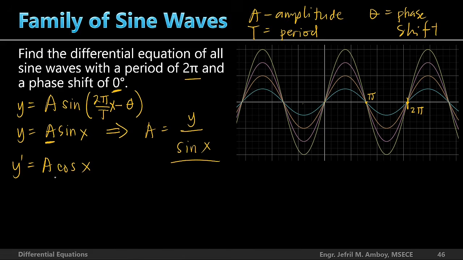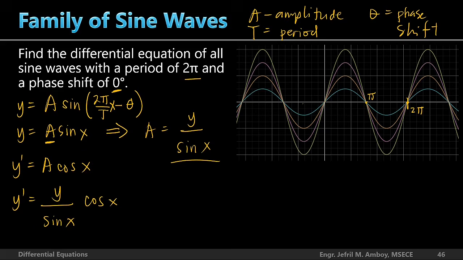O, sige. Now, I can replace this a with this expression. So, now I get y prime equals a, which is now y over sine x multiplied by cosine of x. So, this is now our differential equation, which does not have any arbitrary constant. So, sir, is this the final answer? Can you simplify that? Actually, we can.